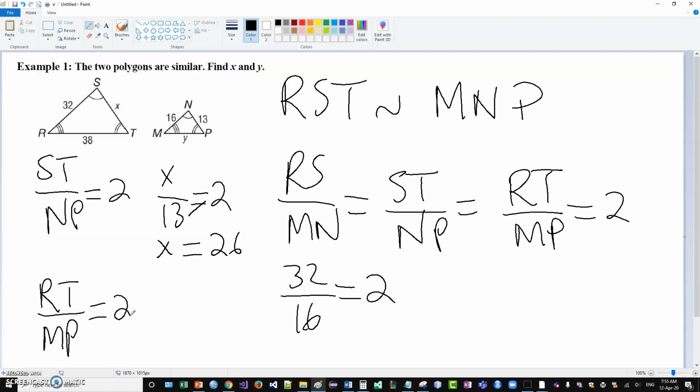RT is 38 over y equals 2. That means 2y equals 38, so y equals 19. Alright, I hope that helps. Please pause the video and try to do this yourself.